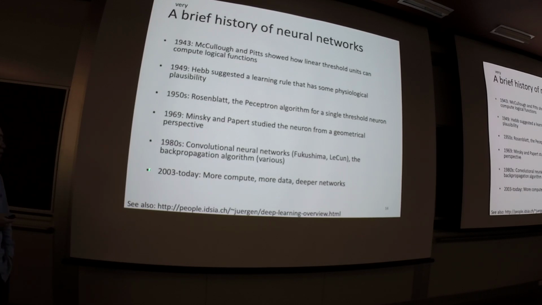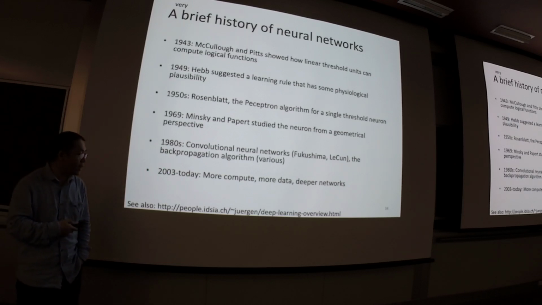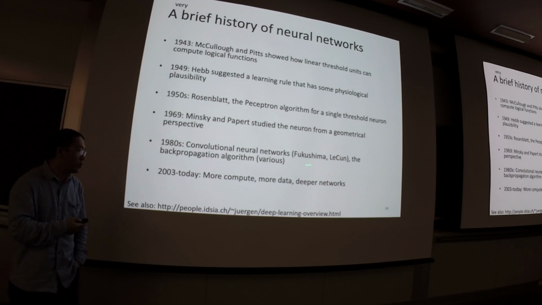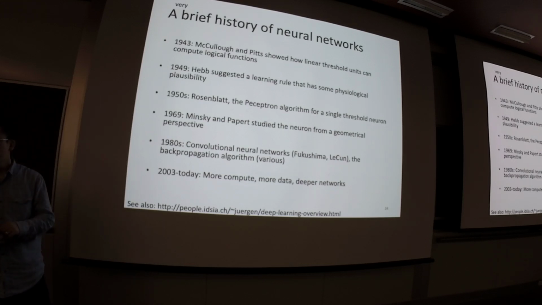And from 2003 until today, there has been a resurgence of artificial neural nets. During this time, people are trying to build much larger neural networks, deeper and wider, with GPUs, with computer clusters, and with a huge amount of data to test the performance of the neural networks.